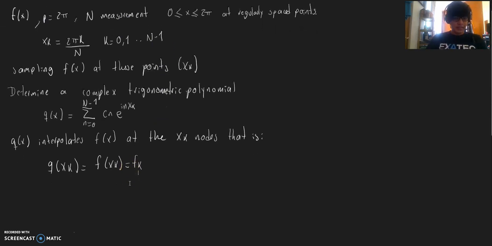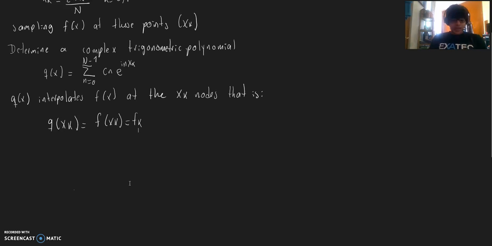Well, that q of x will be in some way, how can I say it, a discrete representation of the function f of x, where we are making discrete evaluations of the value of f of x at different values of x equally or regularly spaced, so that the summatory of all these points evaluated by these values can interpolate the same or the actual value of the function f of x at that point.